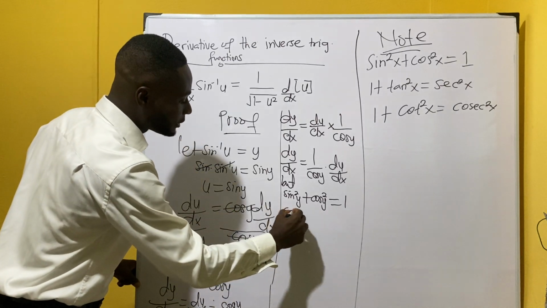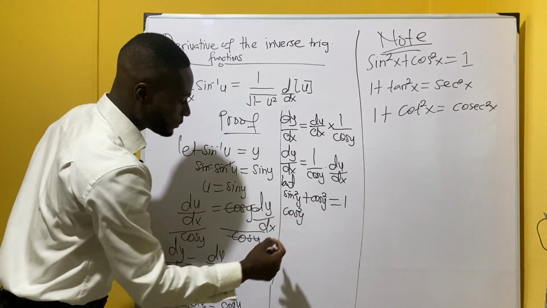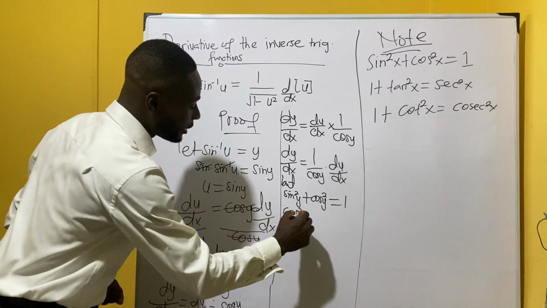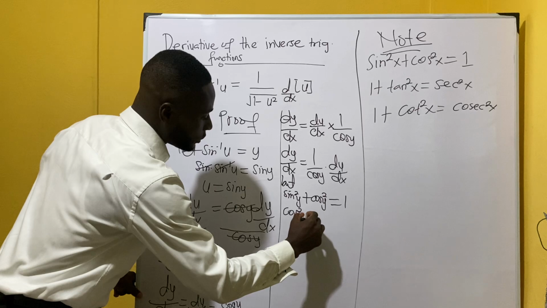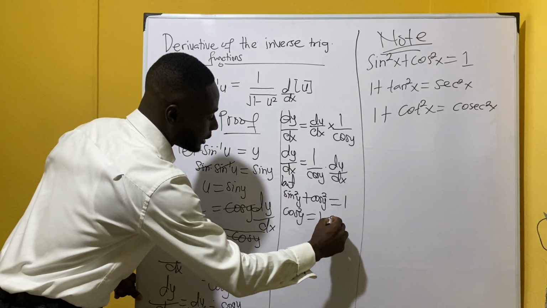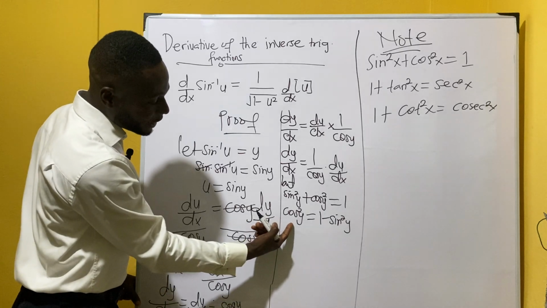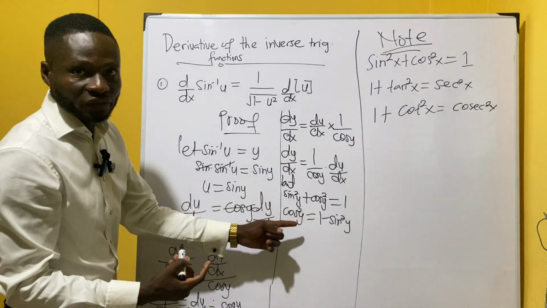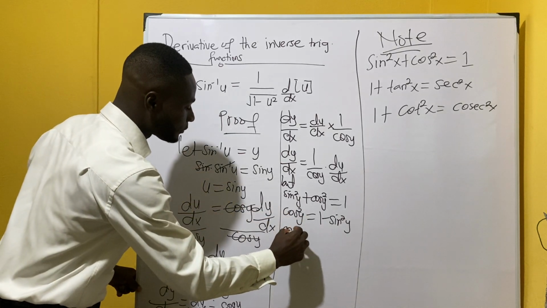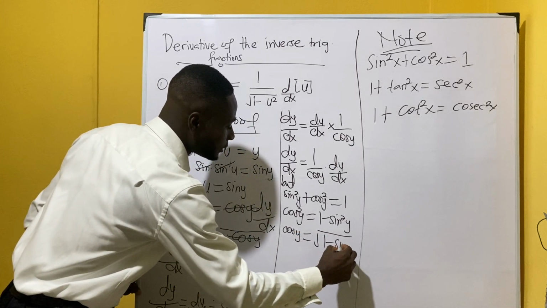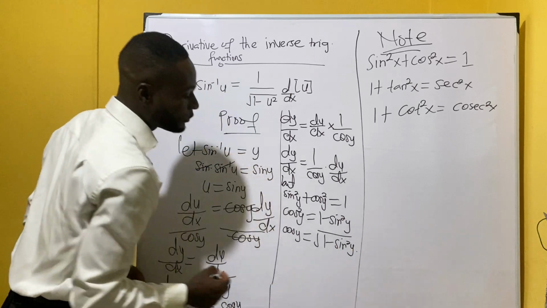So we maintain the cos here, then we send this here. So we have cos squared y equals 1 minus sine squared y, right? So we take the square root on both sides, and then we have cos y equal to the square root of 1 minus sine squared y, right?